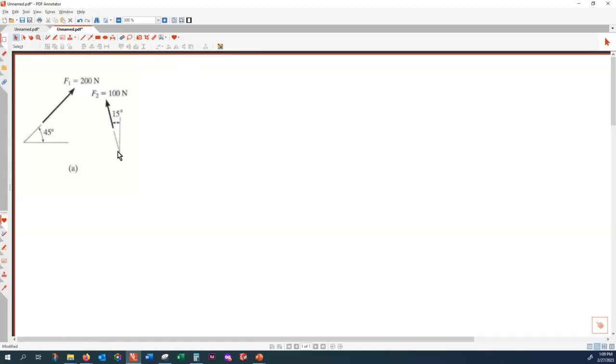So if I bring F2 here, I'm going to have a... so that is F1. So F1 has 45 degrees here.